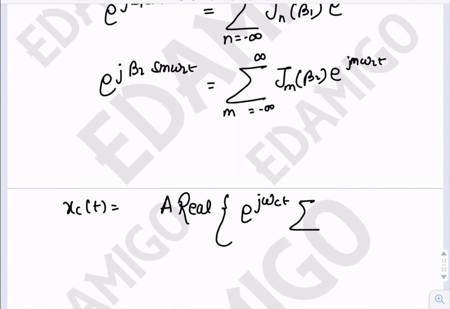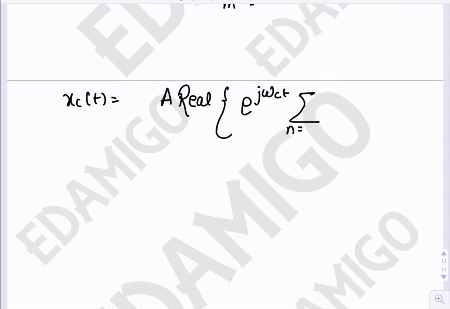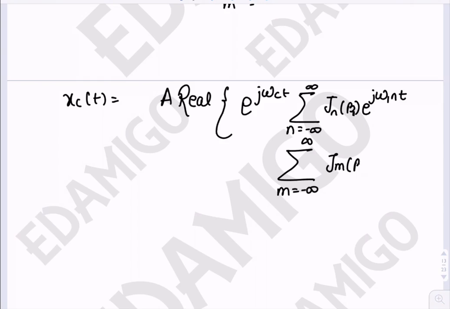So the summation over n equals minus infinity to infinity of J_n(beta_1) e^(j n omega_1 t), multiplied by the summation over m equals minus infinity to infinity of J_m(beta_2) e^(j m omega_2 t).